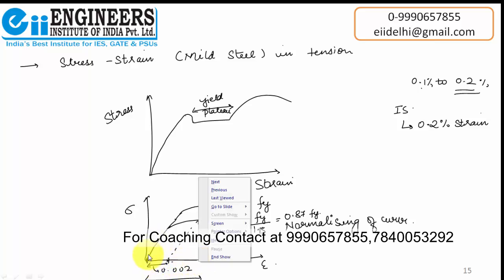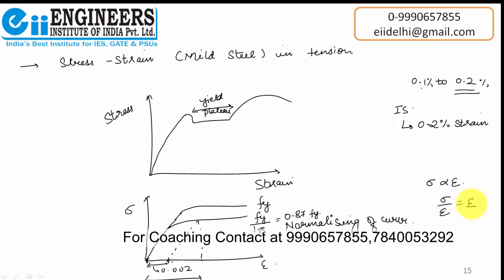Now from here to here it follows Hooke's law, and Hooke's law says that stress is directly proportional to strain. That means stress by strain is equal to Young's modulus of that material. So we can directly say that strain is equal to stress by Young's modulus. If we see this triangle, this value of stress is 0.87 fy by Es.